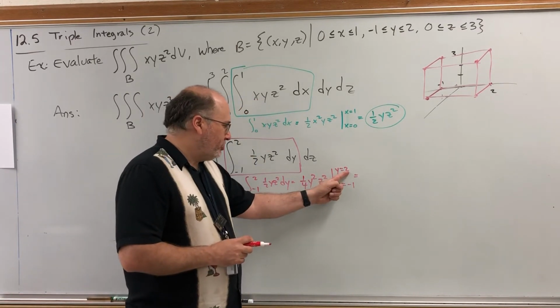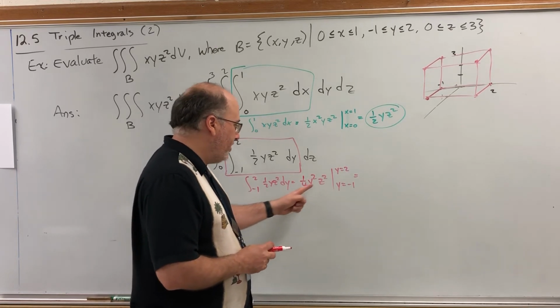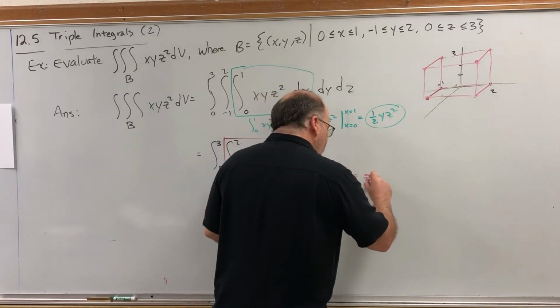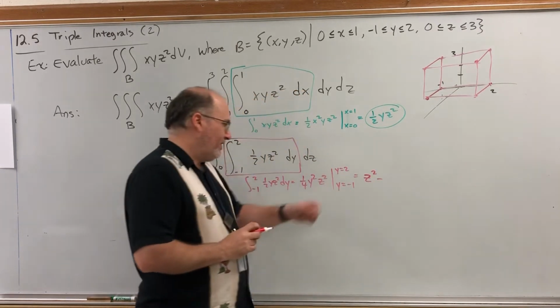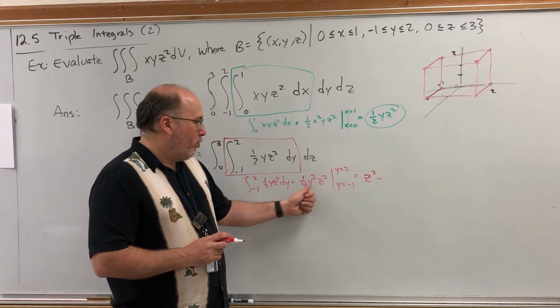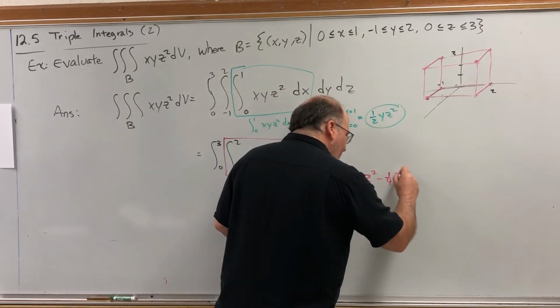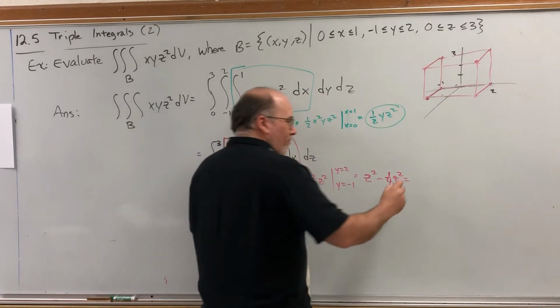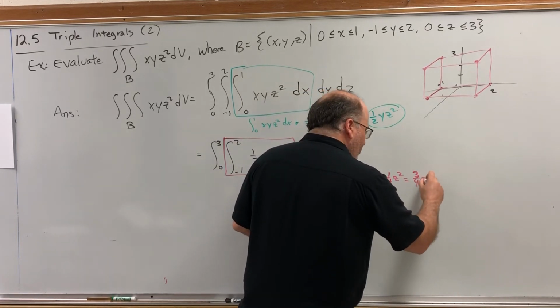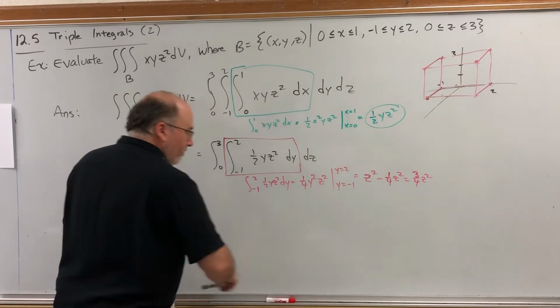If I substitute 2, 2 squared is 4. 1/4 times 4 is 1, so we just have 1 z squared, minus, and if I substitute -1 for y, -1 squared is 1. 1/4 times 1 is 1/4, so we have 1/4 z squared. z squared minus 1/4 z squared is 3/4 z squared. So there's the value of the second integral.